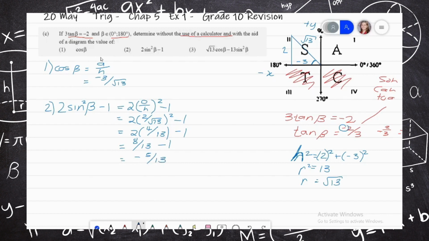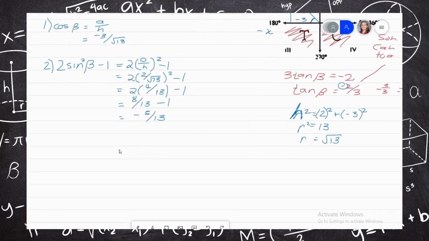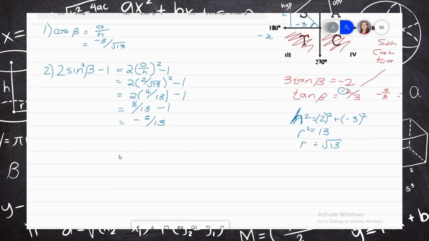Now we have the last one. They want to know the value of square root of 13 cos beta minus 13 sine squared beta.